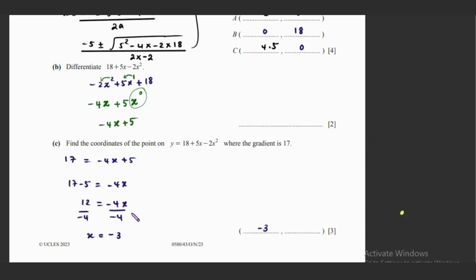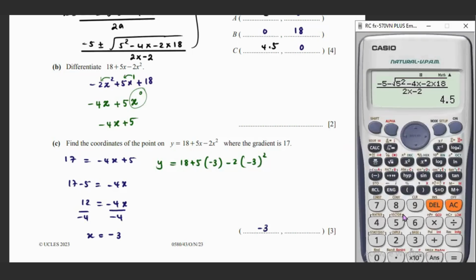To find the y value, I need to substitute the value of x into this original equation. That is 18 plus 5 times the value of x minus 2 times the value of x squared will give us the value of y. I'm going to put this in the calculator and let's see what we get. So we have 18 plus 5 times minus 3.